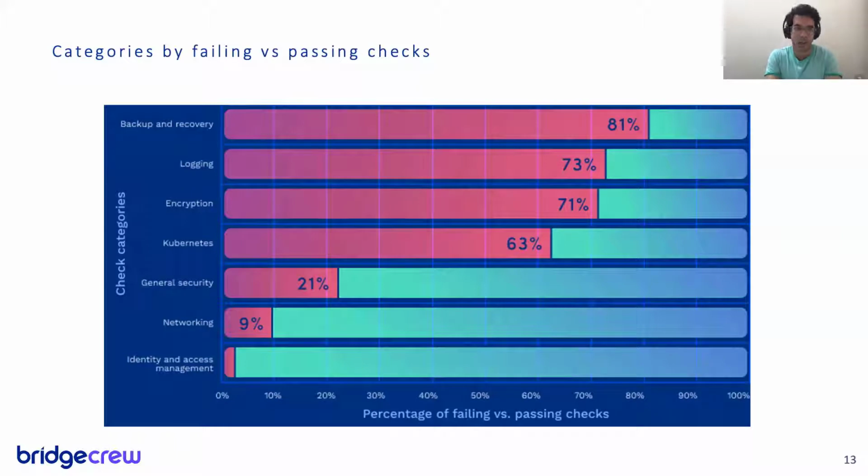General security is just something that doesn't fall into any of those specific ones. And we have about 9% of networking issues, like we found modules with port 22 for SSH open to 0.0.0.0/0, which is the entire internet. And the good thing is that there are not a lot of IAM issues, so that's a good sign.